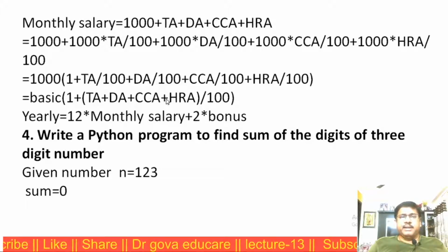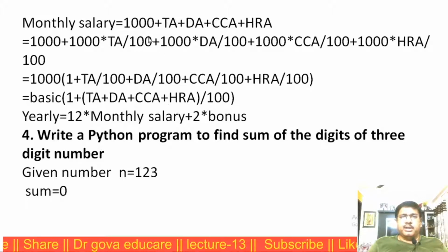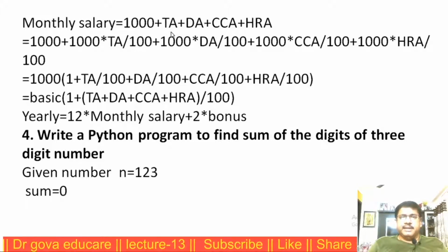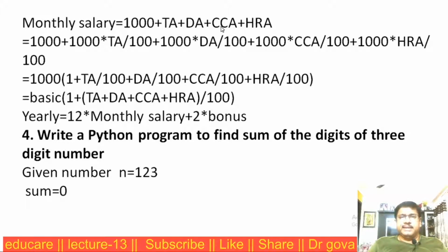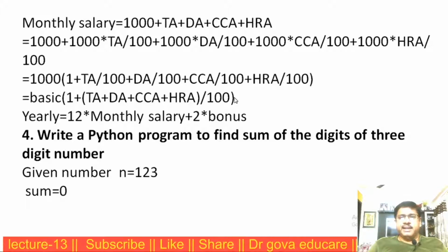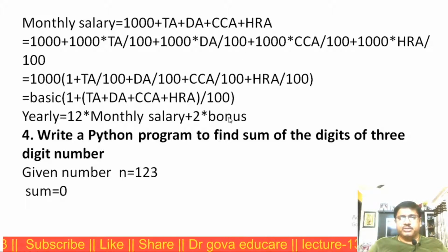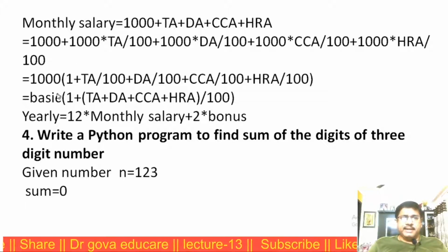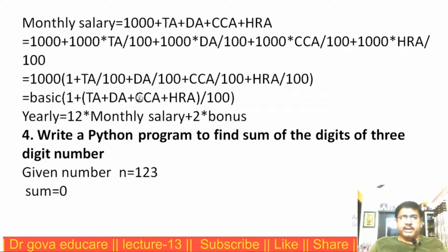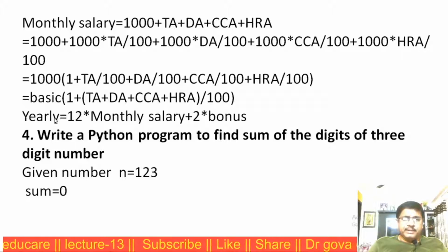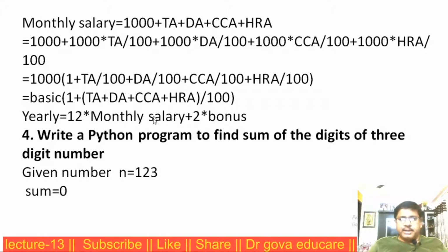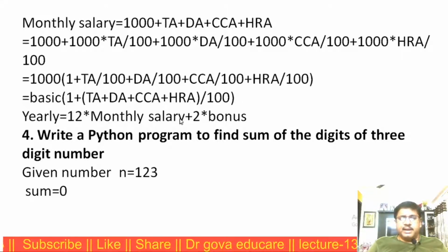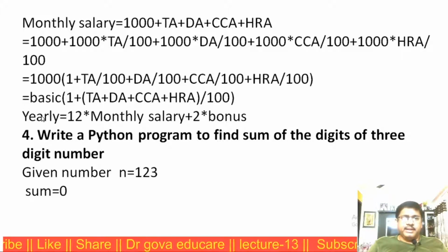Here the inputs are basic, TA, DA, CCA, HRA and bonus. Using this formula we can calculate the monthly salary, using this formula we can calculate the yearly salary. After calculating we will print the yearly salary.